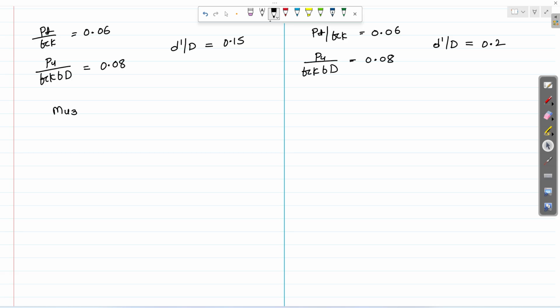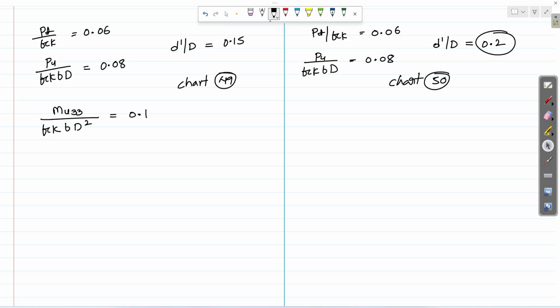So Mu33 divided by fck bd square is 0.1. This is chart number 49 for this axis; for the other axis you refer to chart 50.